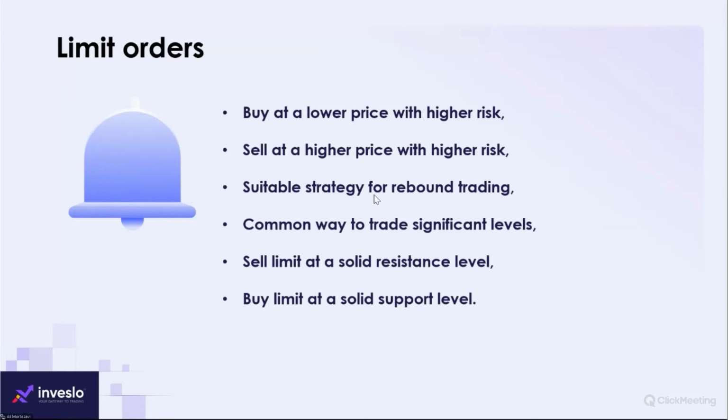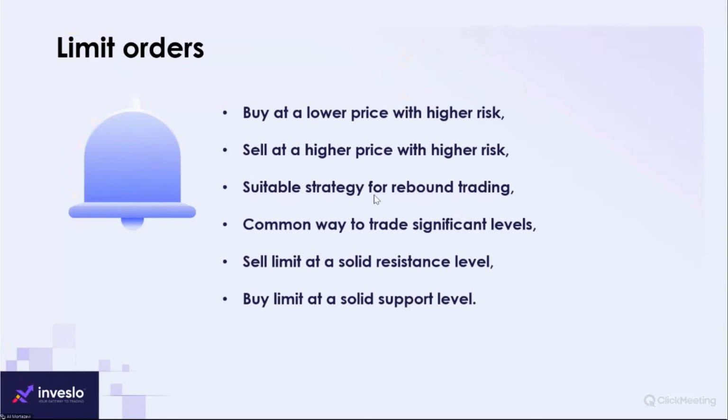So in that case, you can just put sell limit or buy limit orders on that level. If there is a solid resistance level, you can put a sell limit order, because you know that resistance is going to hold this upward movement, and the buyers are going to fail to reach above that significant resistance level. Then you want to be the first jumping in and selling that instrument.